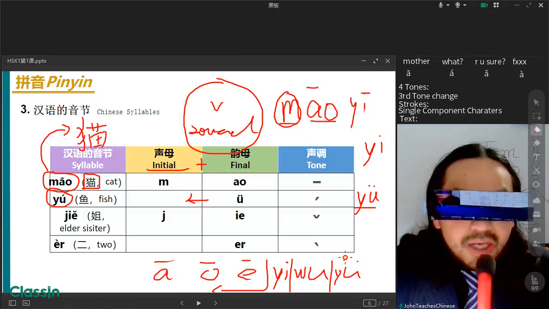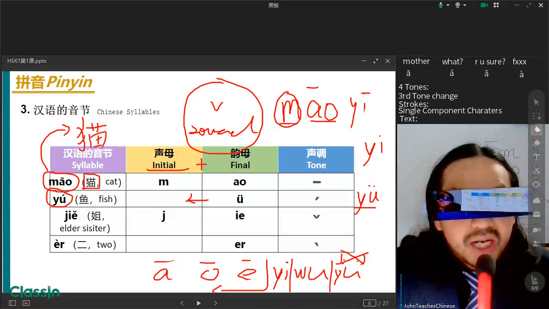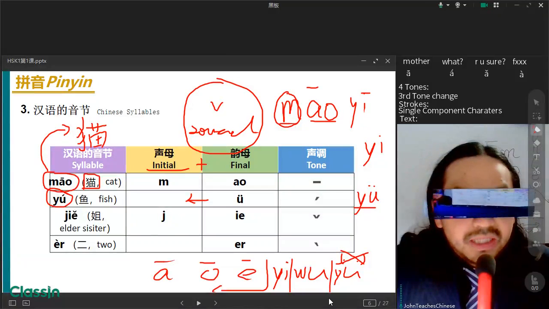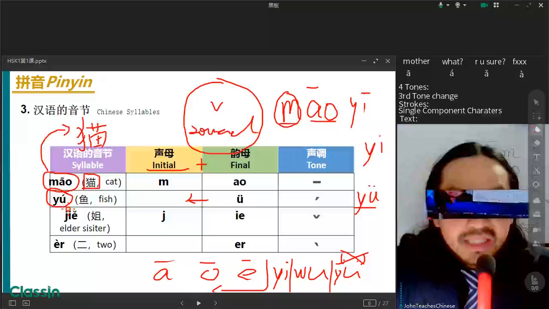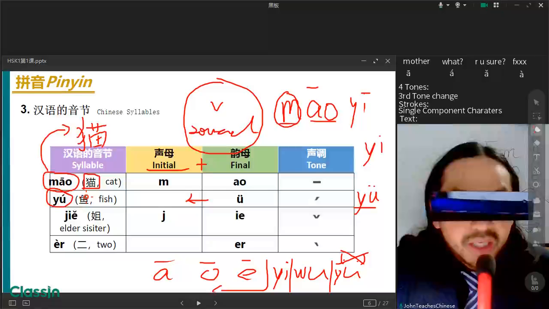And as well, another rule: when you write yu, you have to omit the two dots. You can't write them. I do not know why. Again, ask the Chinese authorities. But you have to follow it, because in your HSK exam, if you write the dots, it will be a typical mistake and they will deduct your score.